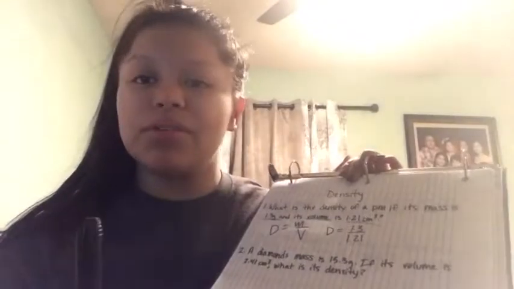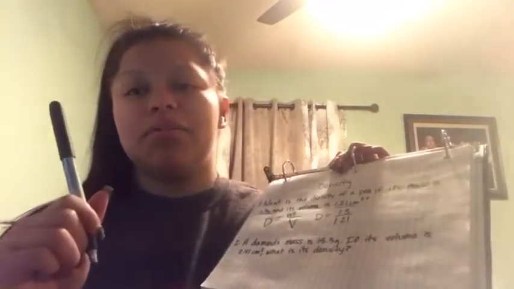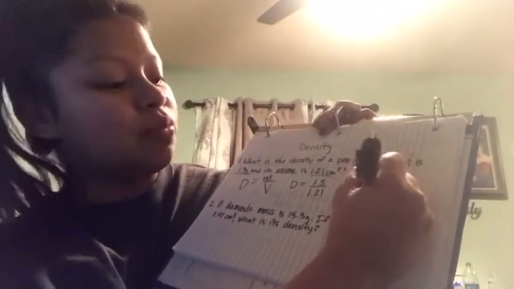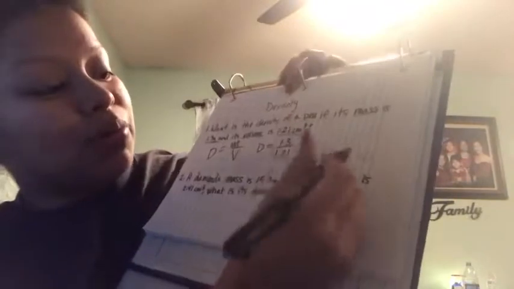Which gives me 1.0743817. We can just put 1.1 if we round, since the 7 is bigger than 5, so we round up. So D equals 1.1. But remember, you have to put the label.